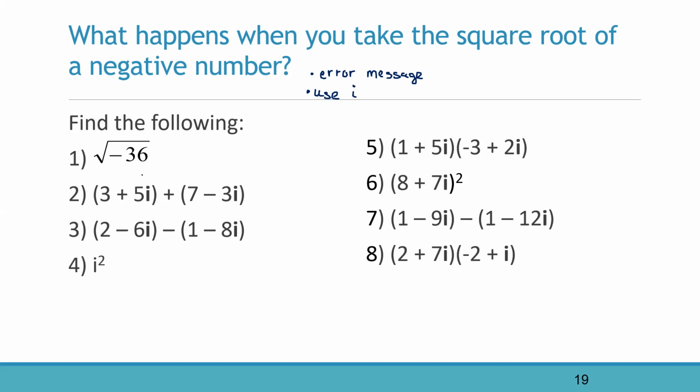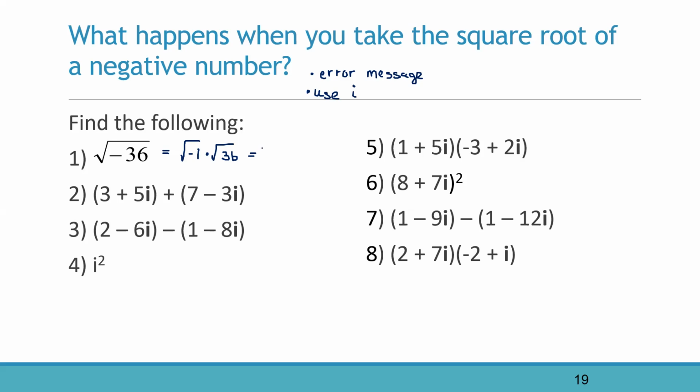So I don't always write out all the math, but I want you to see the math so that you understand where the answer is coming from. So what I would do is, first off, I would rewrite this as square root of -1 times square root of 36. And I could see that if I would multiply together, I would have square root of -36, which is the original problem. But splitting it up into these two, I know the square root of 36 is literally 6, and the square root of -1 is how we defined i.